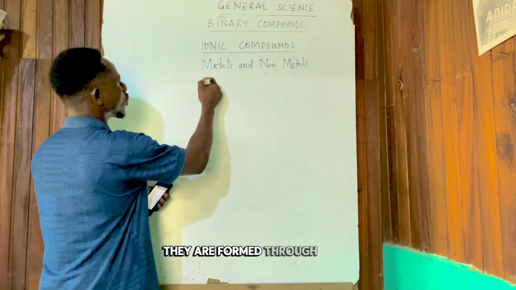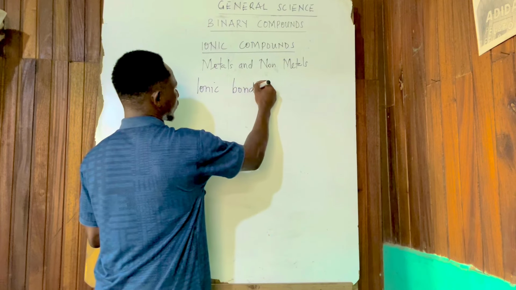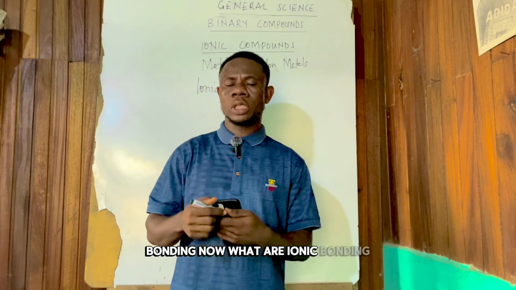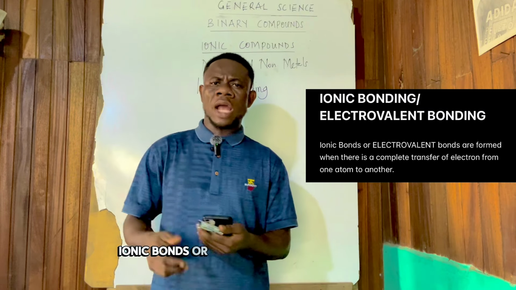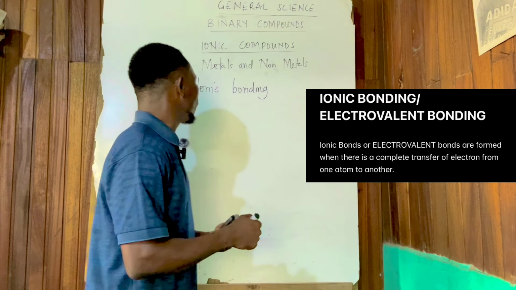Now, what is ionic bonding? Ionic bonding is a type of bond formed by the complete transfer of electrons from one atom to another.